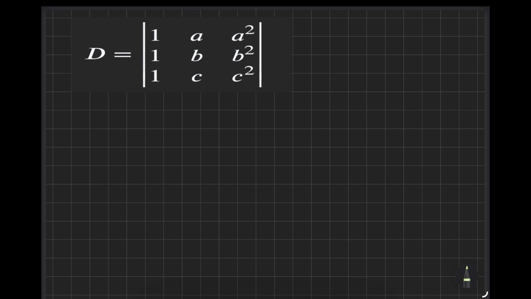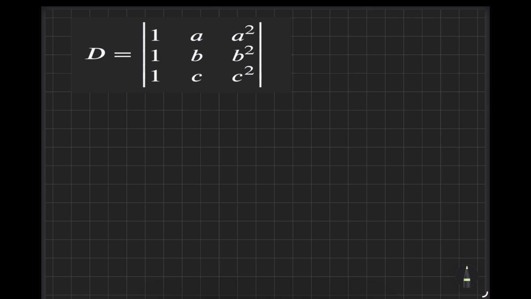Now, when you talk about the JEE point of view, there are certain matrices whose determinant is important. Okay, and this is one of the important determinants. So, first, try to understand the approach. Later, try to memorize this result. Okay, if possible.